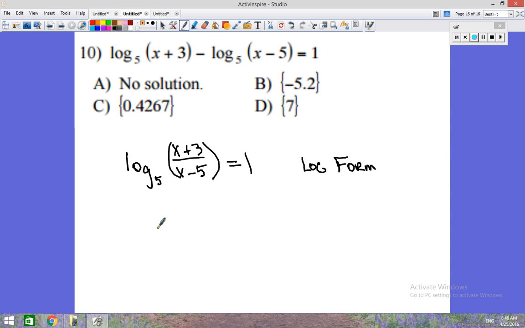We have a base of 5. This base of 5 has some exponent associated with it, either this guy or the 1. Well, since a logarithm equals an exponent, it's 5 to the first power is equal to this fraction.